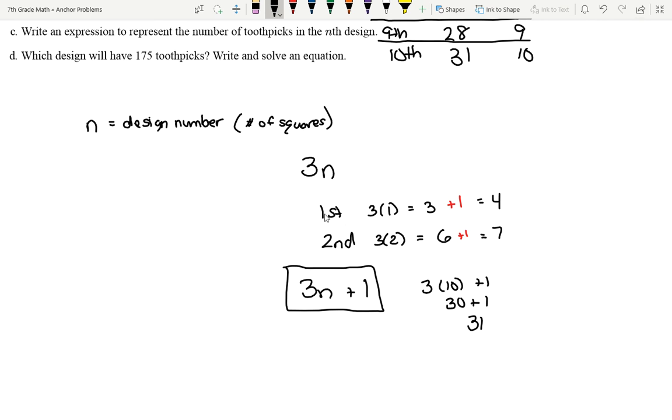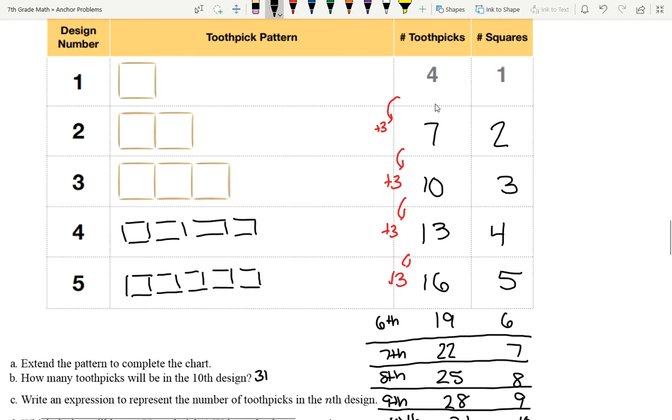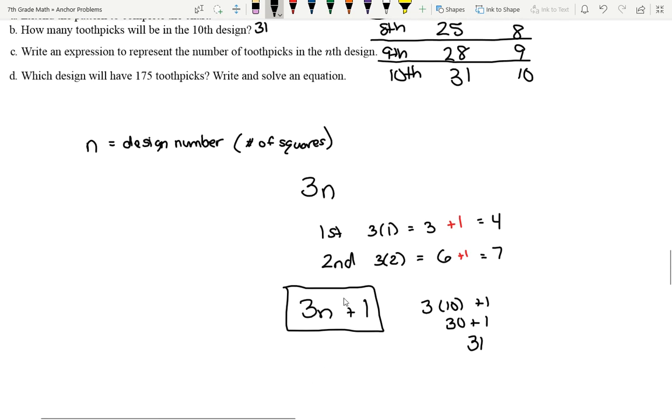We represent that by 3 times n. Why did we add 1 to it? Because 3 times the design number didn't get us quite the right number of toothpicks. 3 times 1 was 3. I needed to add 1 to get to 4. 3 times 2 is 6. I need to add 1 to get to 7. And so that is a rule that will work for any design in this pattern.